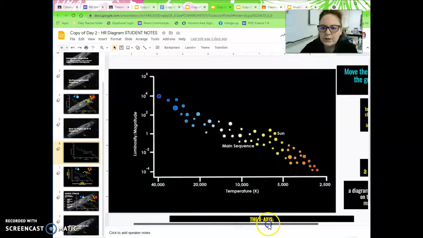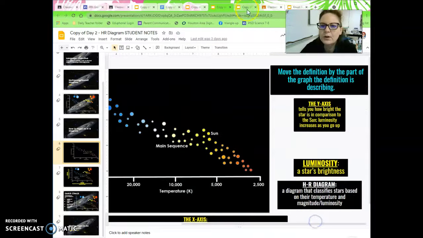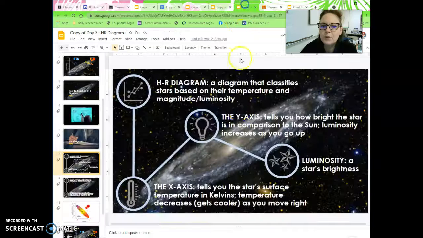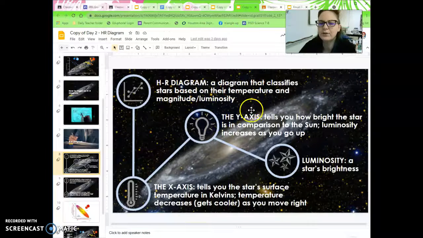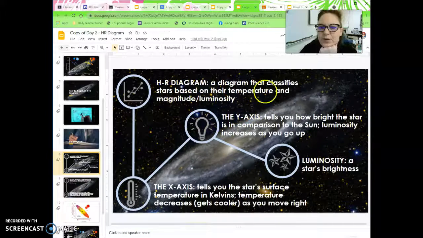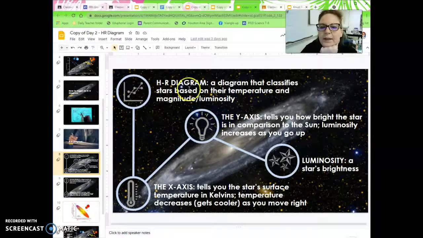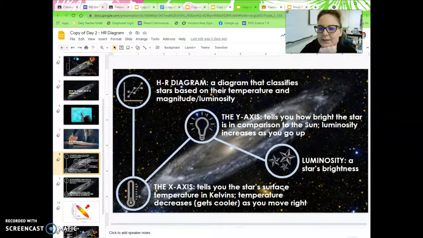This is where you're going to start to move some of these over as we go through this part. So basically, the HR diagram is a diagram that classifies stars based on their temperature and magnitude and luminosity. The y-axis tells you how bright the star is in comparison to the sun, and luminosity increases as you go up.